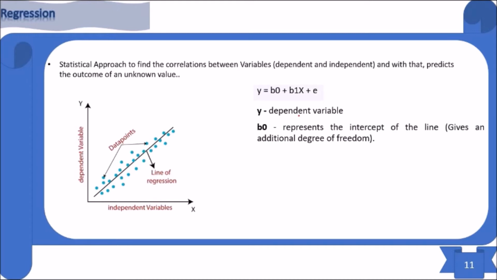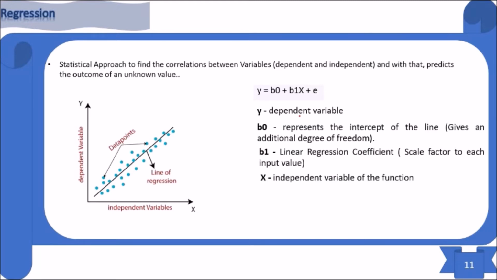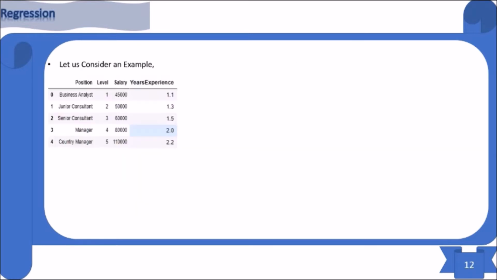Then b0 represents the intercept of the line, the value of the function when the independent variable is 0. Then b1 represents the regression coefficient, which tells how much the value of the function will scale with the independent variable. Then x represents the independent variable of the function, and e represents the error the model is creating.